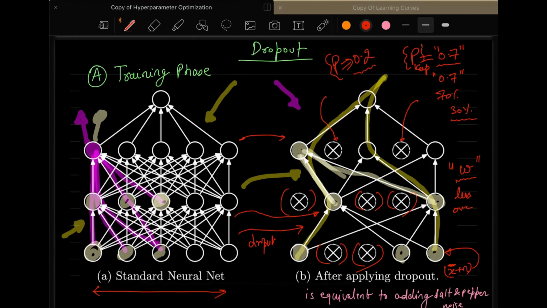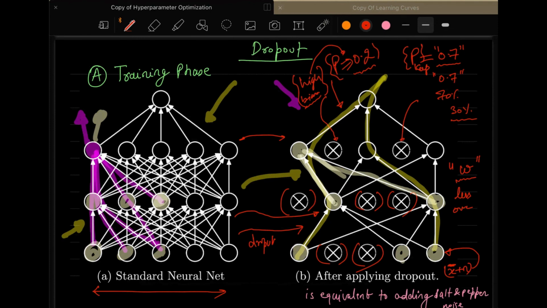That means you are forcing this model to become high bias. Please note, the probability has to be some reasonable value. You cannot make it any value. But if you make it 0.2, you are forcing the model to enter the high bias region.